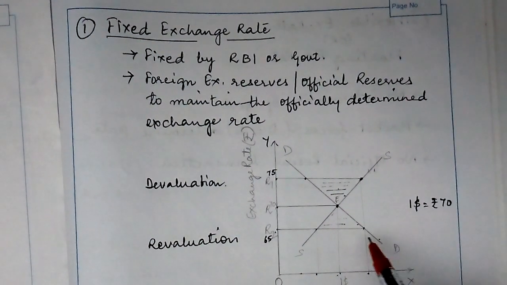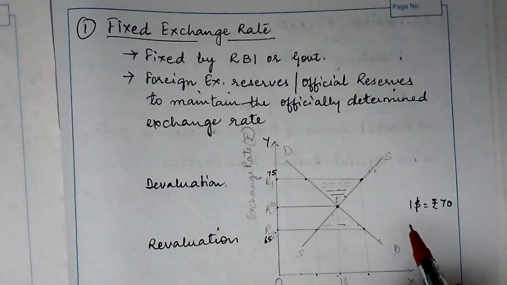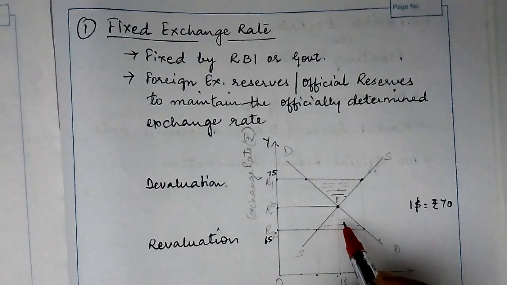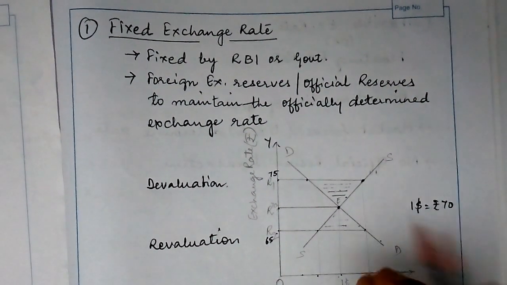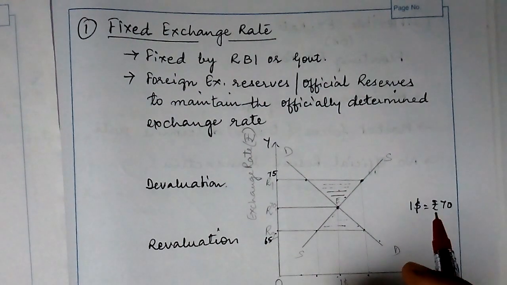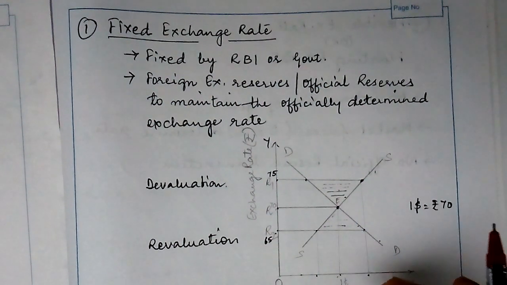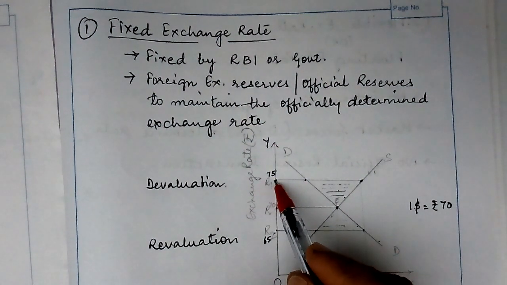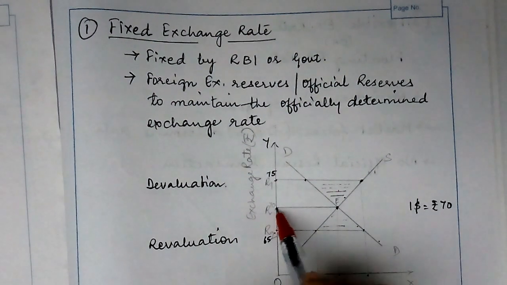Now let us suppose that for some reason the government wants to encourage exports, for which it needs to make the rupee cheaper for foreigners. So it would do so by fixing a higher exchange rate, that is 75 rupees per dollar, from the current exchange rate of 70 rupees per dollar.